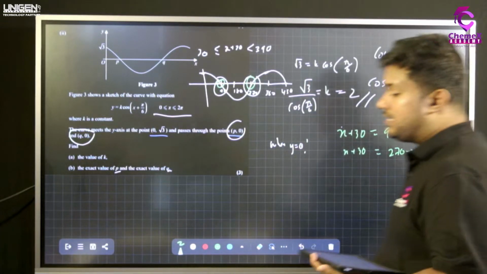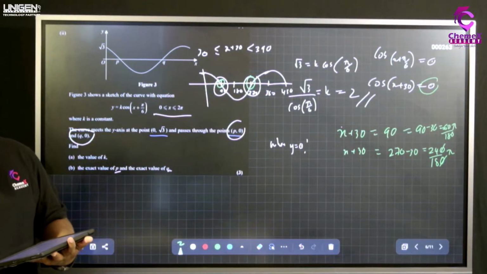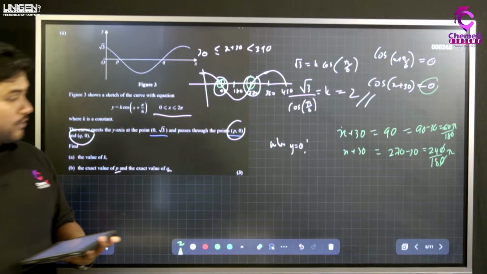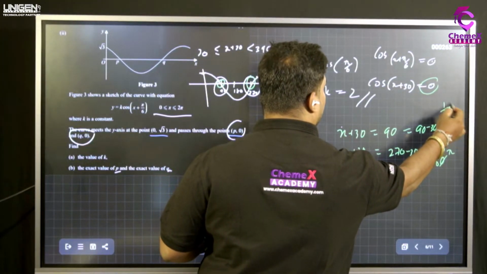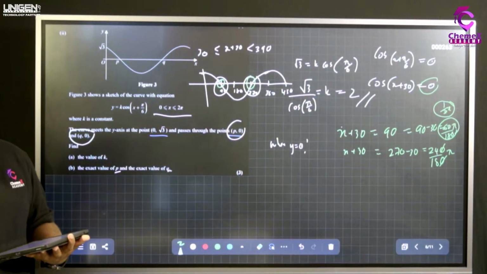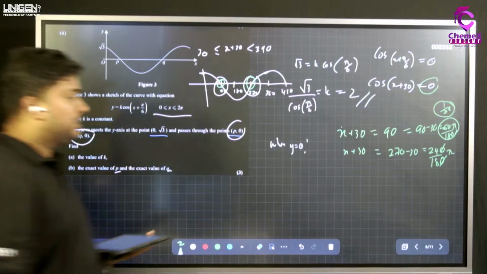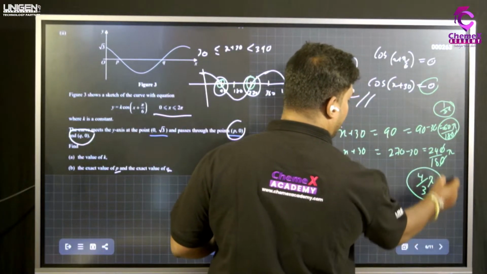So what are the two answers? One answer is 60 over 180 pi, so 1 over 3 pi. The other is 240 over 180 pi, which is 4 over 3 pi.